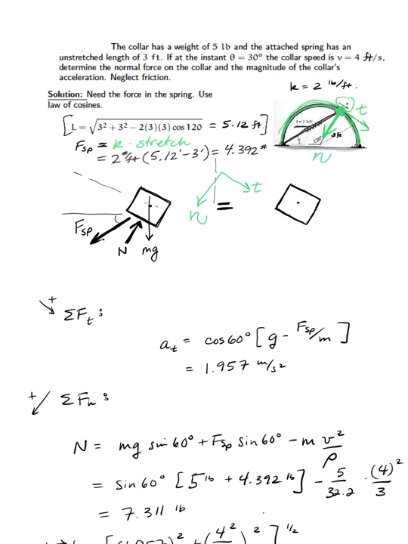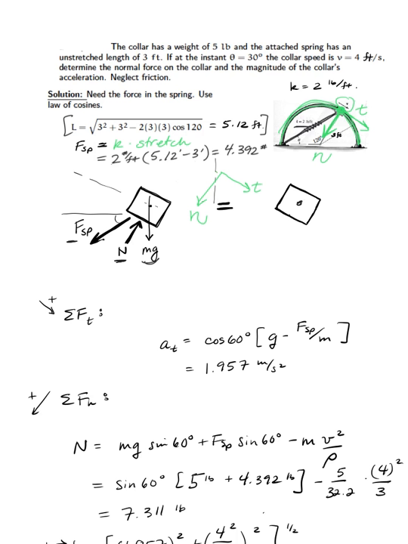I take that thing off the collar. I've got the weight, shown as mg. I've got a normal force that is applied to the collar from the path. And I also have a force of the spring. Over on the other side, we'll play with some geometry here in just a minute.